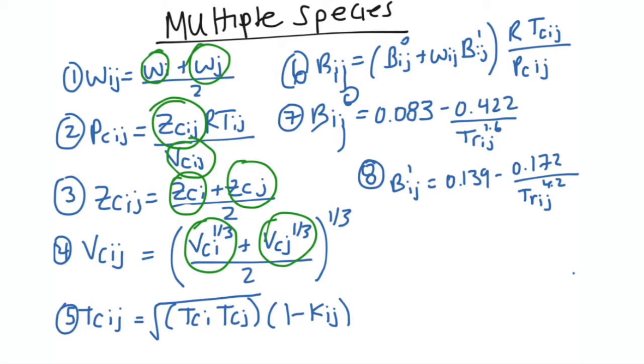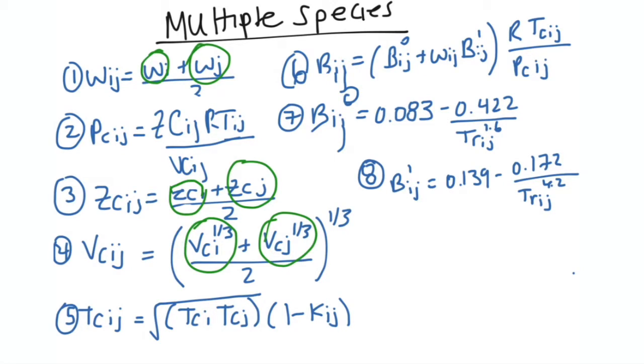So actually, maybe for number 2, I shouldn't put those as constants because you've actually got to calculate it. V critical IJ and Z critical IJ. Okay. So yeah, here are your actual constants.